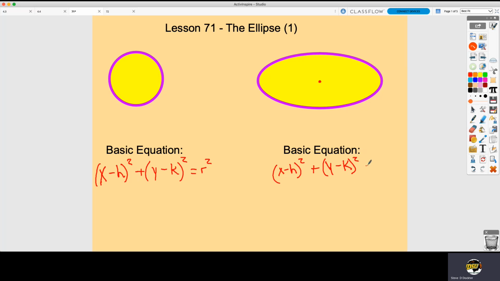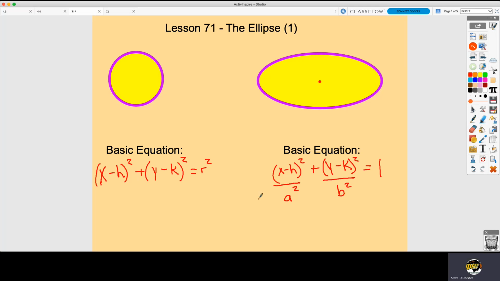One way that we're going to adjust it is we're going to have it set equal to 1. But each one of these two terms has to be divided by something. Just to make it simple, we're going to call it a squared and b squared.